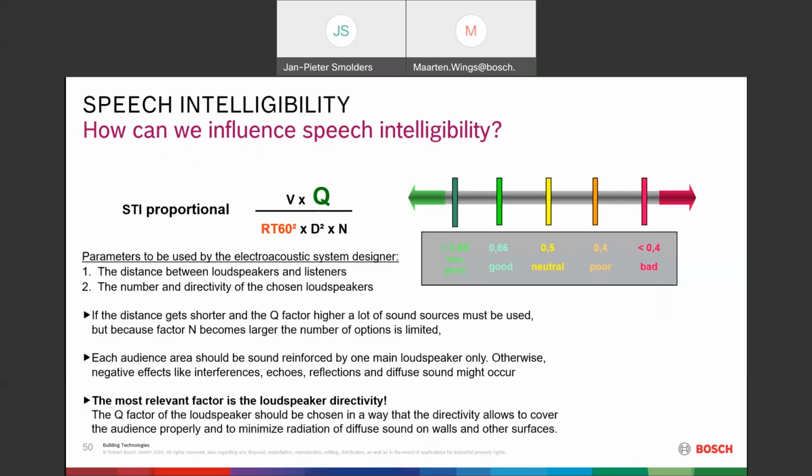So you choose the loudspeaker with a certain Q in a way that the directivity allows you to cover this area, like we have seen before with the column loudspeakers, for instance. You can aim it at the people where they are sitting or standing, avoiding the reflections from the walls or the ceiling or other surfaces.